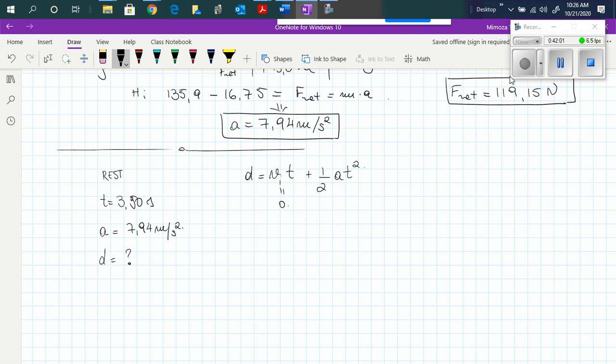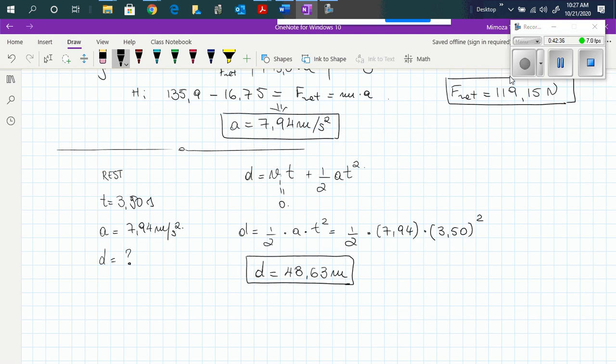V initial is equal to 0, so it will be 1/2 times acceleration times t squared, or 1/2 times 7.94 times 3.50 squared. So displacement will be 0.5 times 7.94 times 3.5 squared, which is 48.63 meters. Clear?